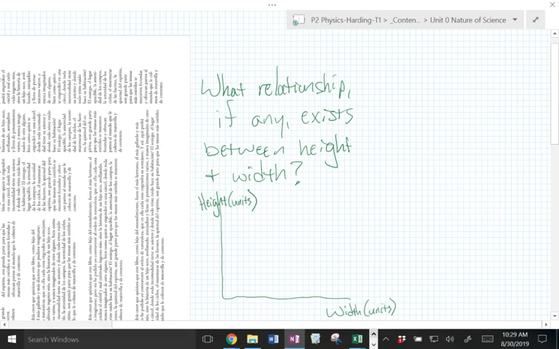So with this one, ultimately your output is going to be a graph of height with the units versus width with the units. Okay.